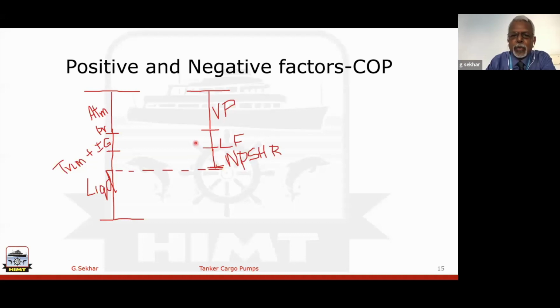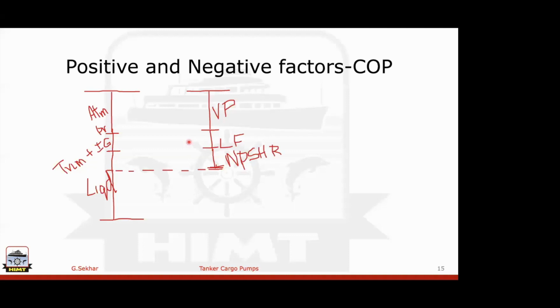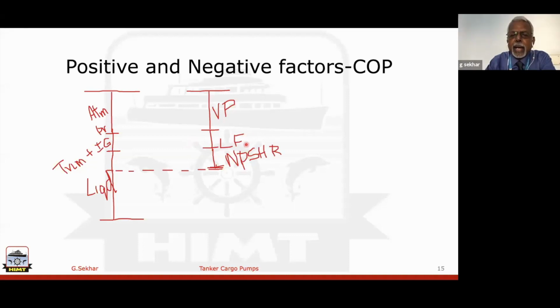Do we reduce our RPM? Yes, we reduce our RPM. So as I have said, line friction is proportional to flow velocity. When the pump RPM is reduced, your flow velocity is reduced, and line friction is reduced. So here you will be able to reduce it.